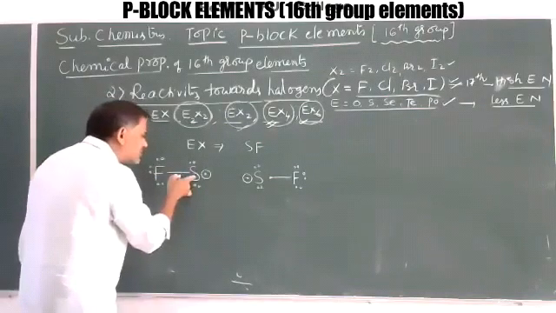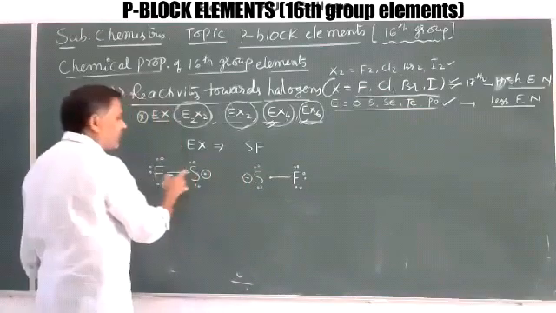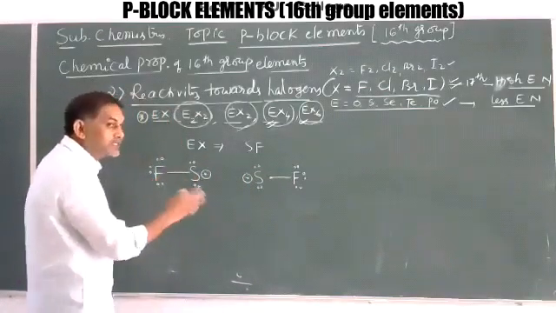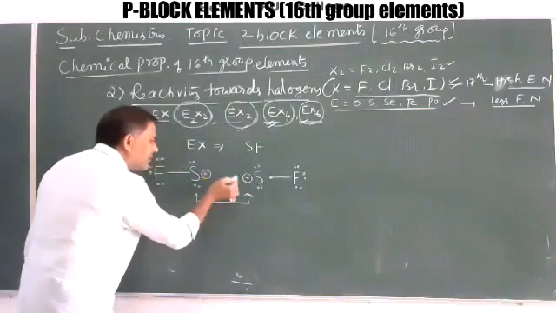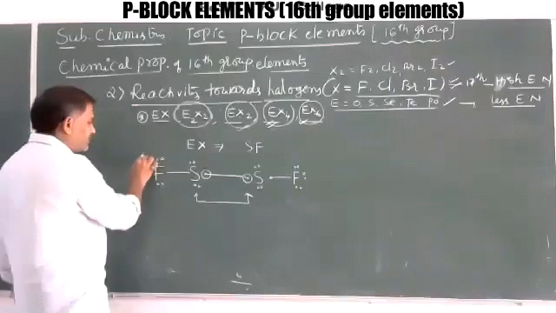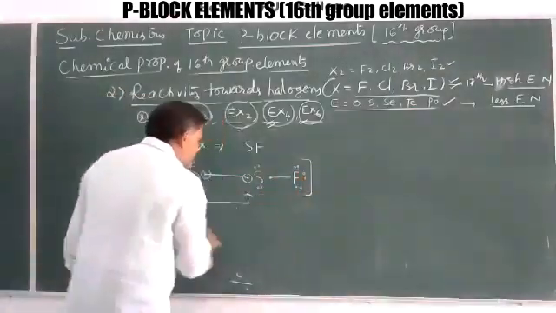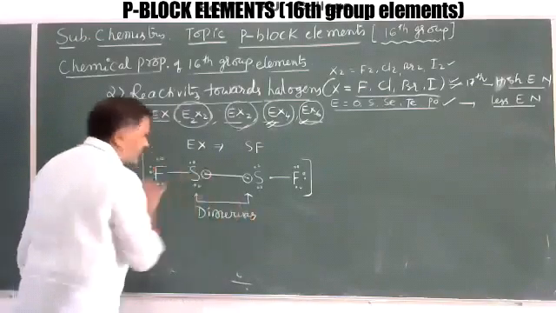Then monofluoride and monofluoride, sulfur monofluoride dimerizes. These two undergo mutual sharing. It forms a covalent bond. This is the dimeric structure. So the monofluorides dimerize.